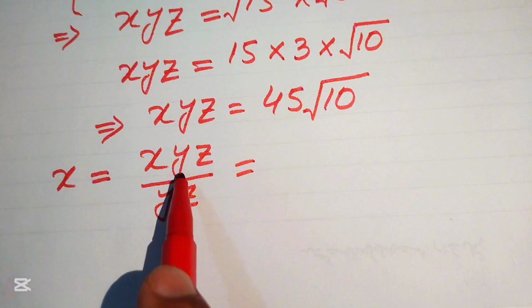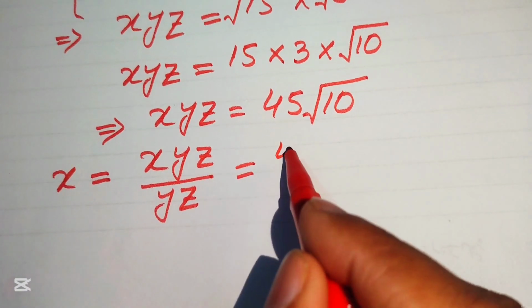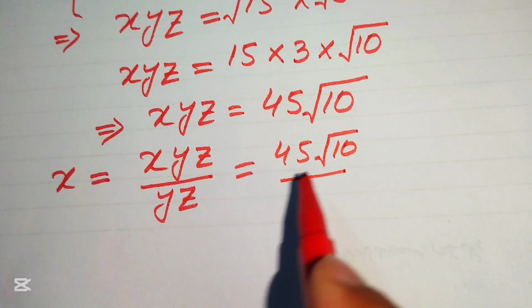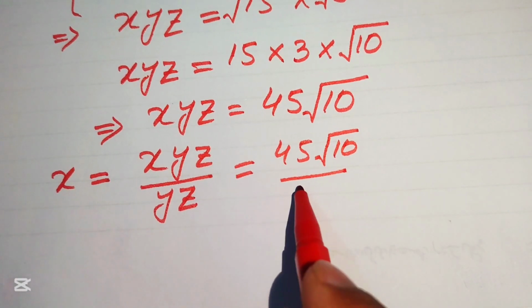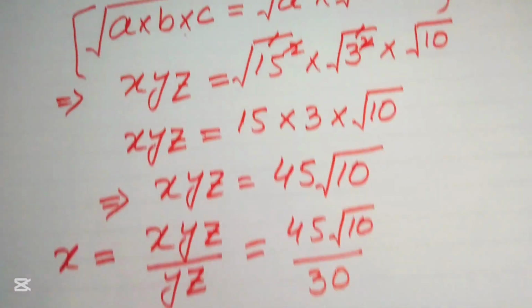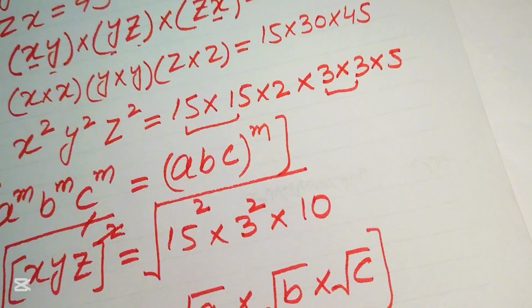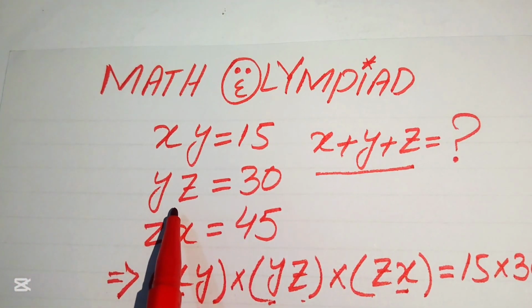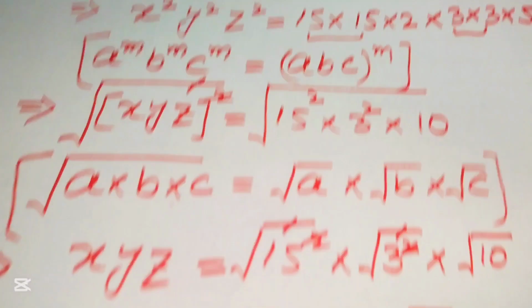After that we have the value of xyz written here, 45 times square root of 10, and we are given that the value of yz equals 30. You see here the value of yz in the given question statement equals 30.